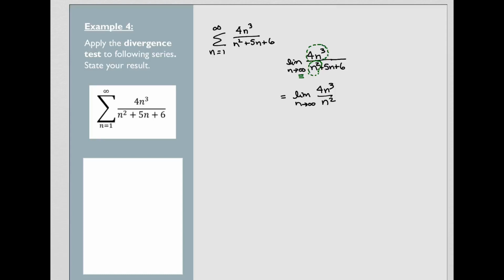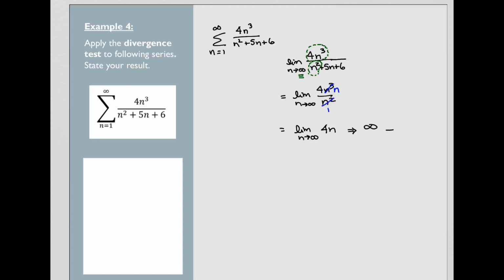Can do a little math simplification. n squared divides into n cubed and leaves us with n. And so that tells me that really I'm looking at the limit as n goes to infinity of 4n over 1, or just 4n. As n goes to infinity, what happens? This whole thing goes to infinity.